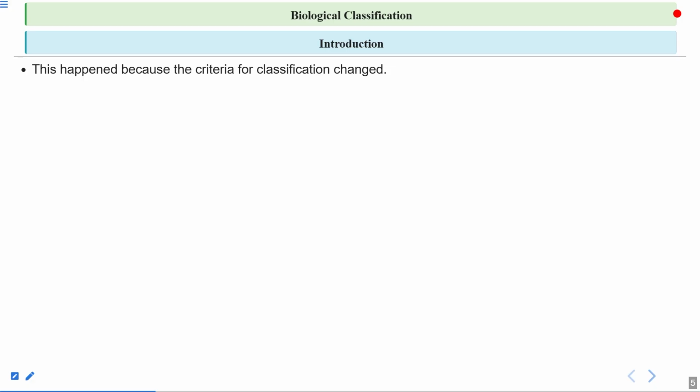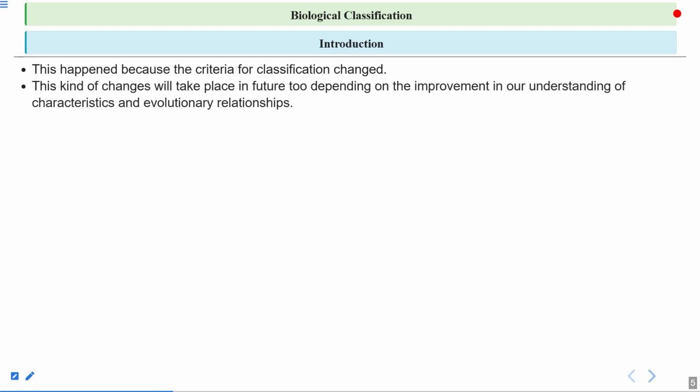So the classification systems were changing because we were including new features, so the criteria of classification was changing. You have to remember the classification system given by Aristotle, and that plants were divided into herbs, shrubs and trees.